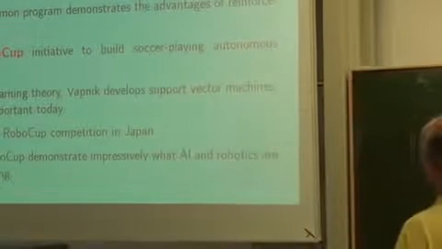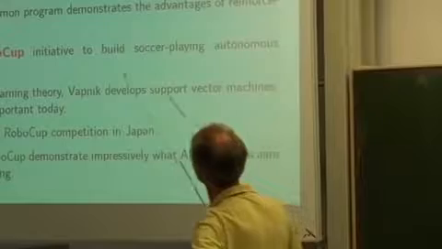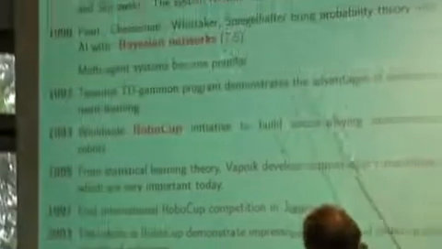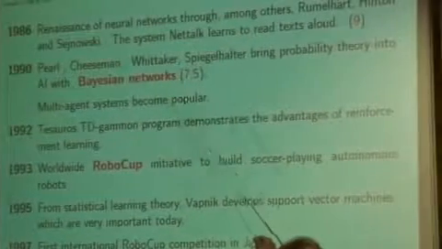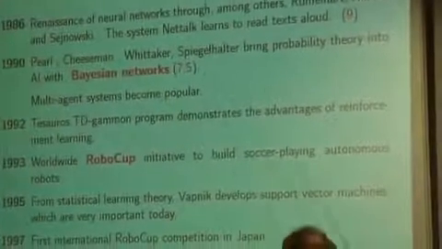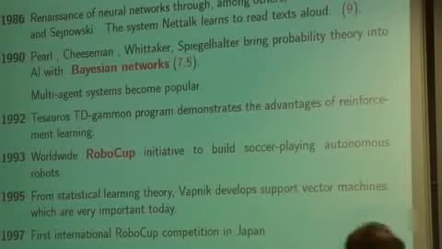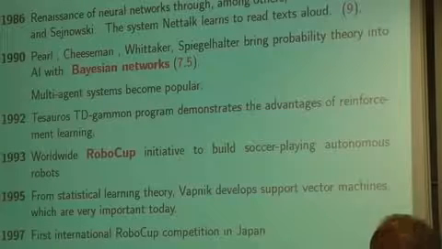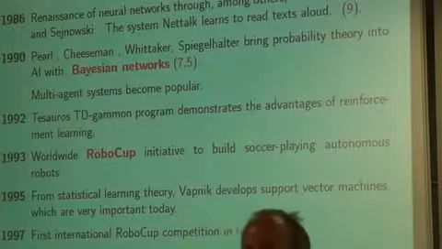Okay, enough about my personal story. Let's go on with 1990: Pearl, Cheeseman, Whittaker, Spiegelhalter. These are famous names in the area of Bayesian networks. Bayesian networks is the probability theory branch of AI.